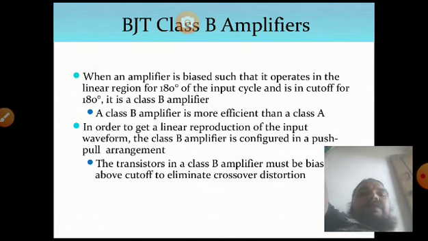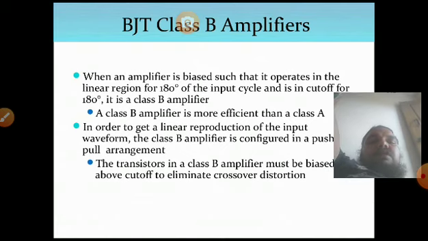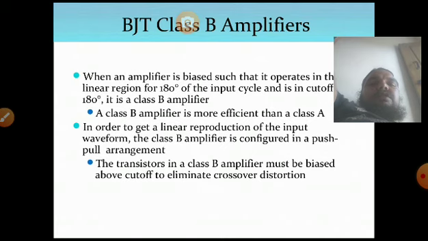A class B amplifier is more efficient than a class A. In order to get a linear representation of the input waveform, the class B amplifier is configured in a push-pull arrangement. The transistors in a class B amplifier must be biased at cutoff.